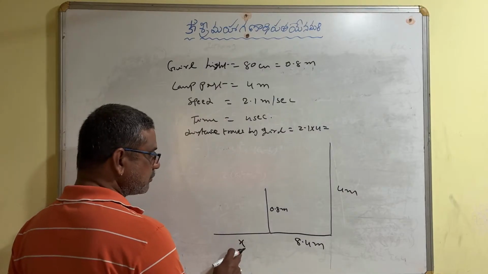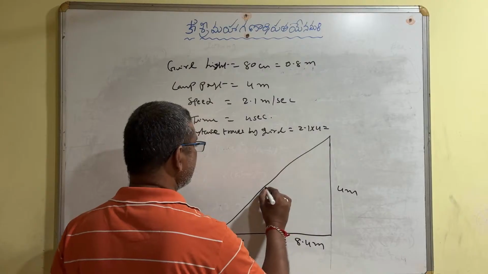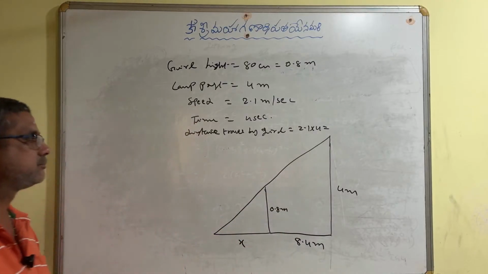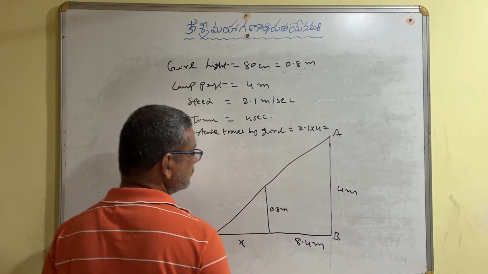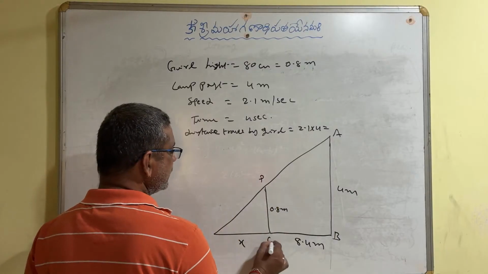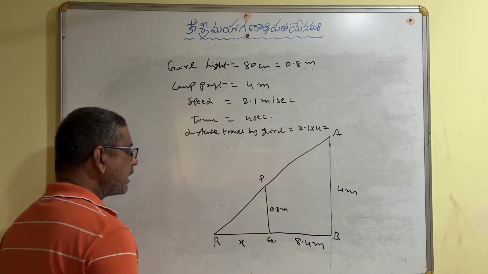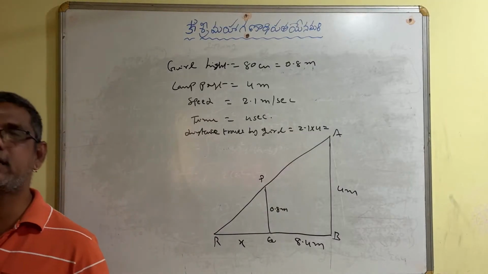We need to find out this one only. Okay, na? AB is the lamp post, PQ is the girl, and QR is the shadow.